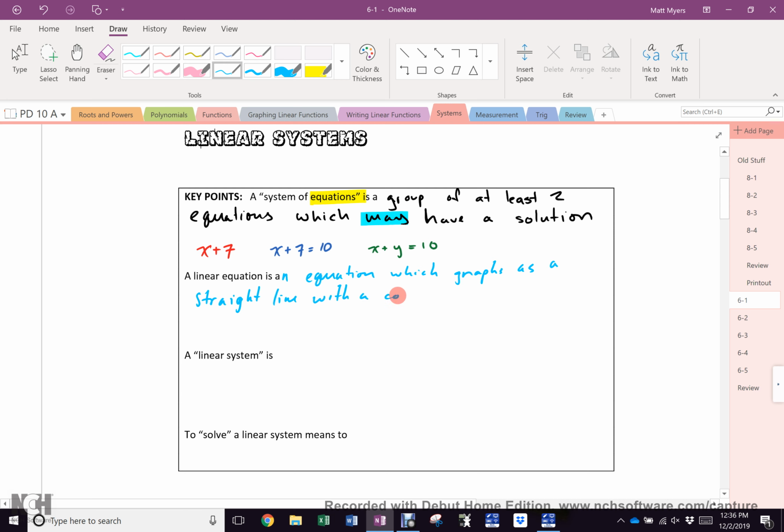Yes, a constant rate of change. Right? Excellent. And if we were to put that linear equation on a graph, that linear equation would be made up of what?